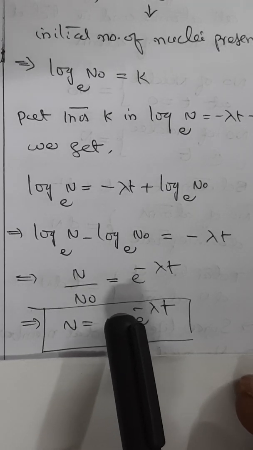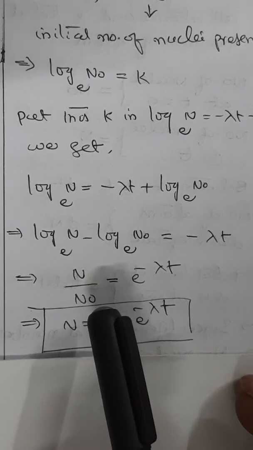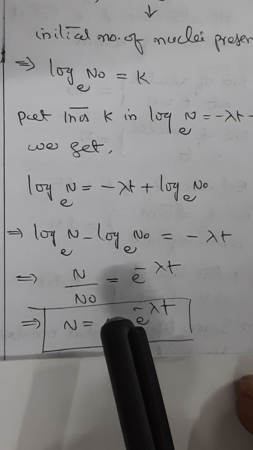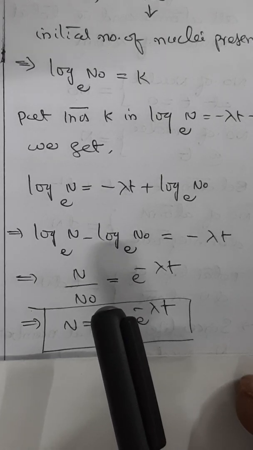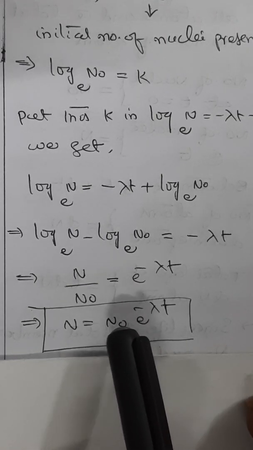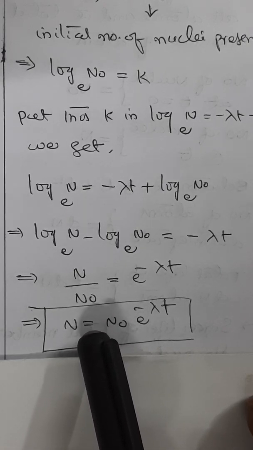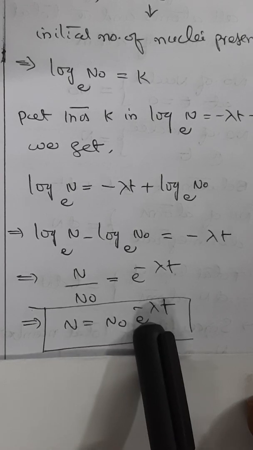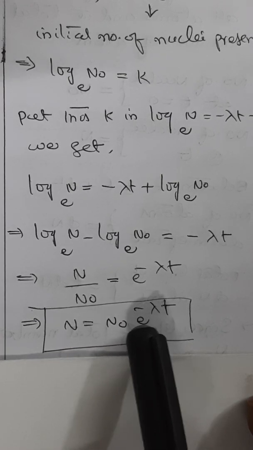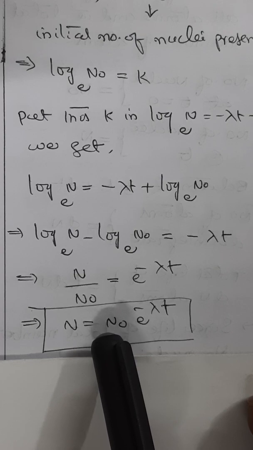This equation is what is known as the Rutherford-Soddy equation, and it indicates that the number of nuclei present in the sample decreases exponentially with time. Now we can observe from the decay curve what we have seen earlier.